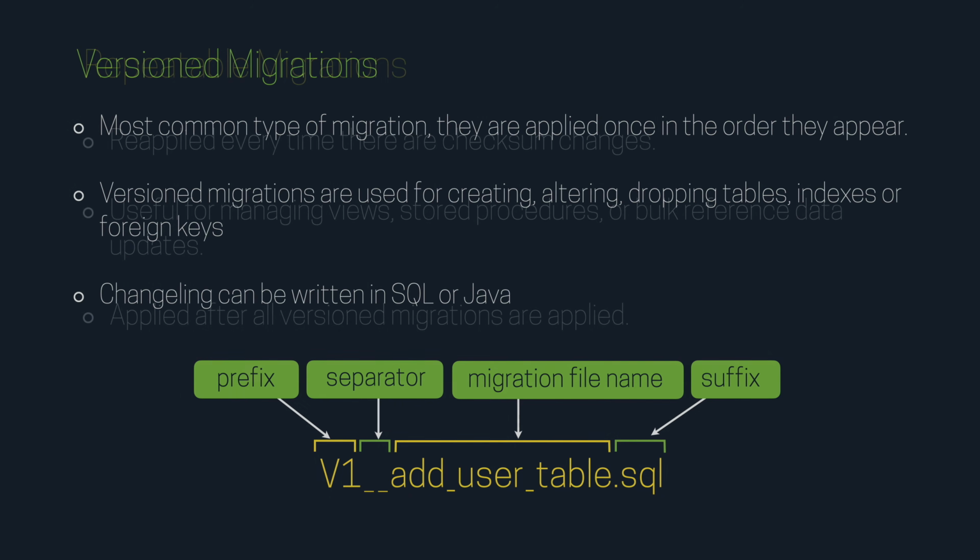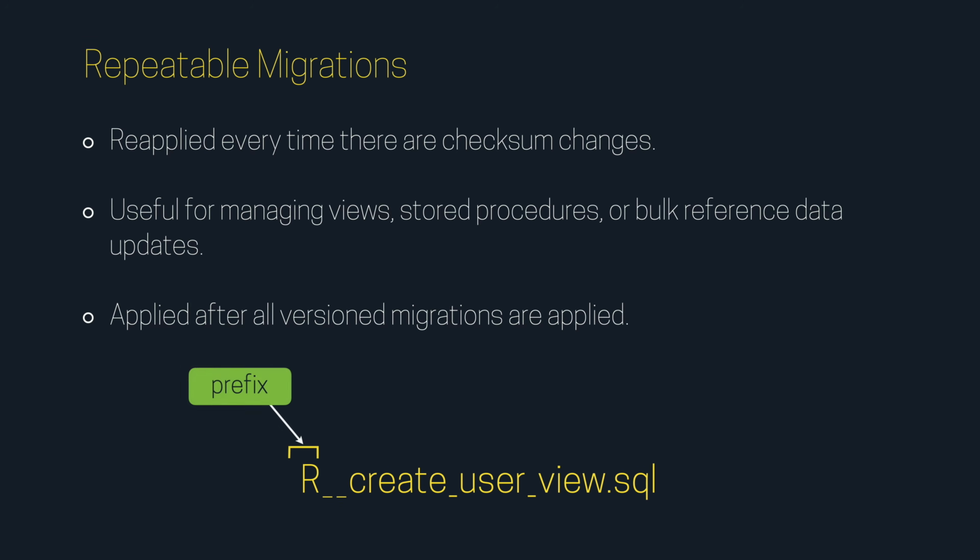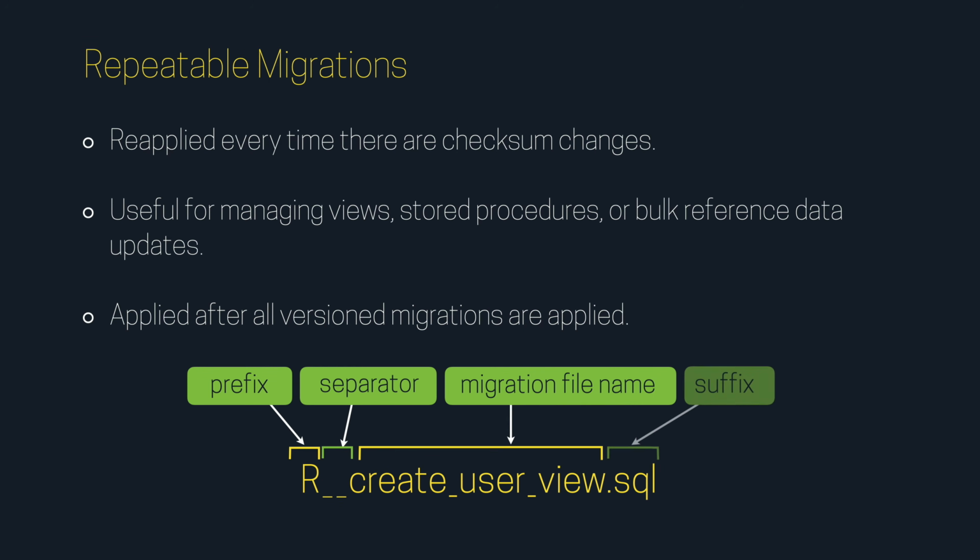The second kind of migration files are called repeatable migrations. Repeatable migrations, as the name indicates, are reapplied every time there are changes. They are normally useful for managing your views or stored procedures or any sort of bulk data updates where the latest version should replace the previous one without considering versioning.